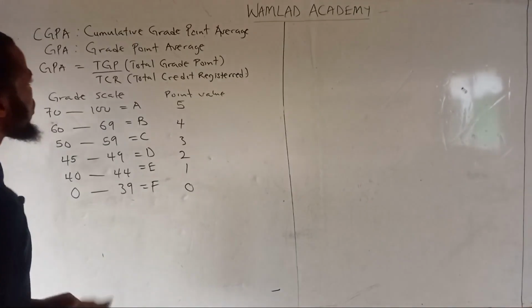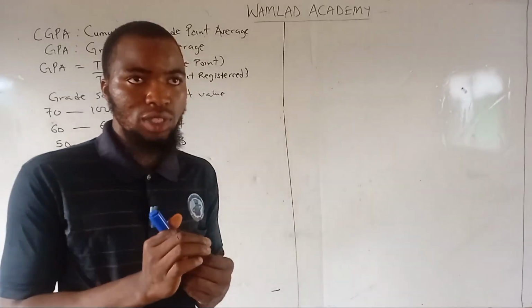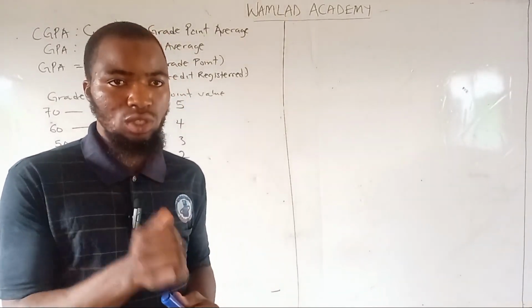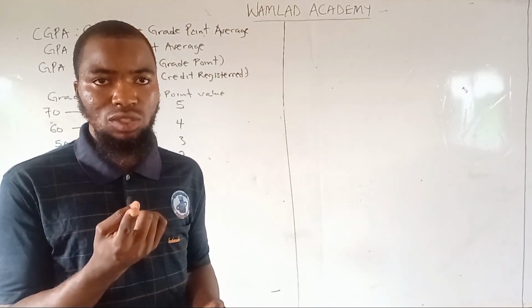Now, you want to know your TGP. You should know that each course you are offering has its own credit units. It can be 3 credit units, 2 credit units, or 1 credit unit.